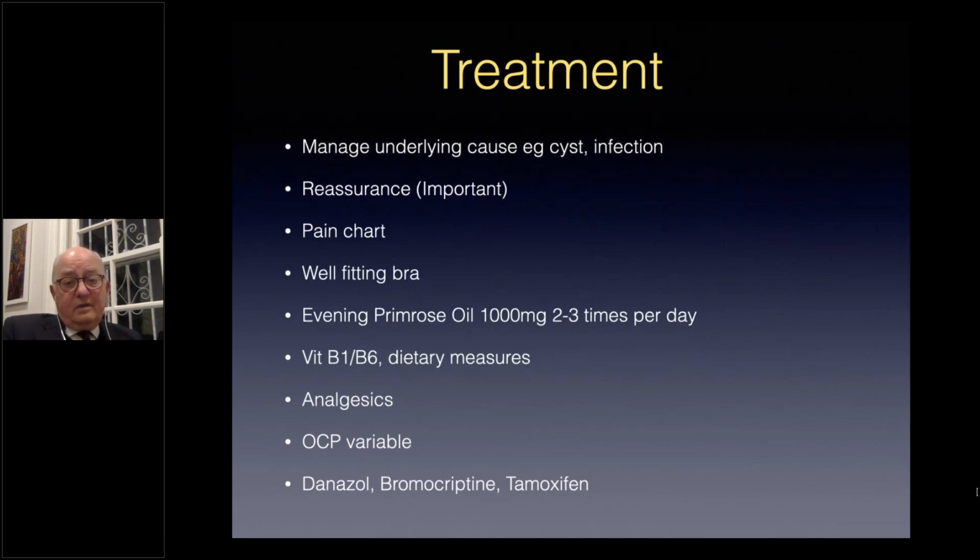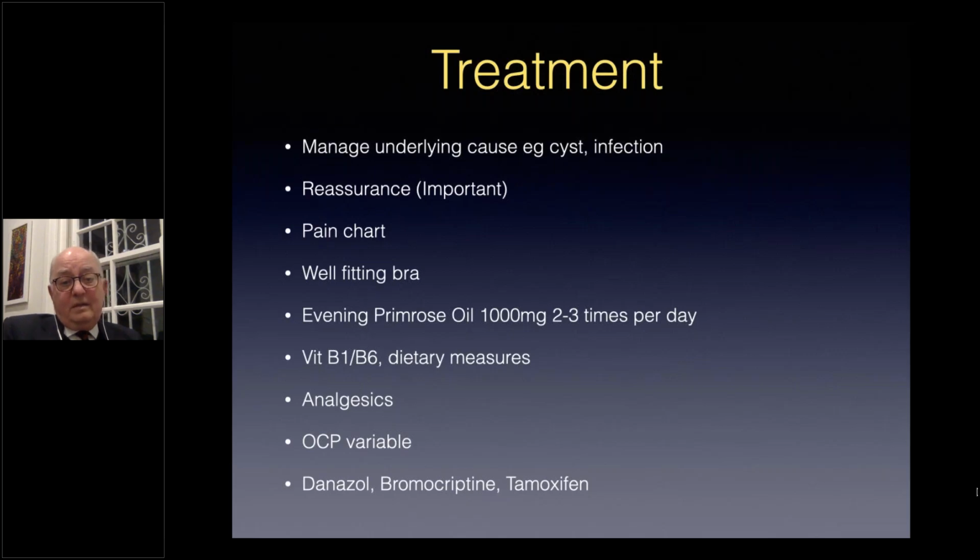Of the other medications and treatments that we've got, evening primrose oil, which is really based on a thought to be deficiency of essential fatty acids, has been shown in a number of studies to have some benefit.